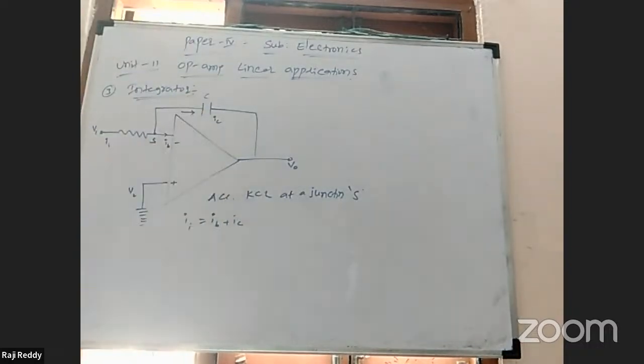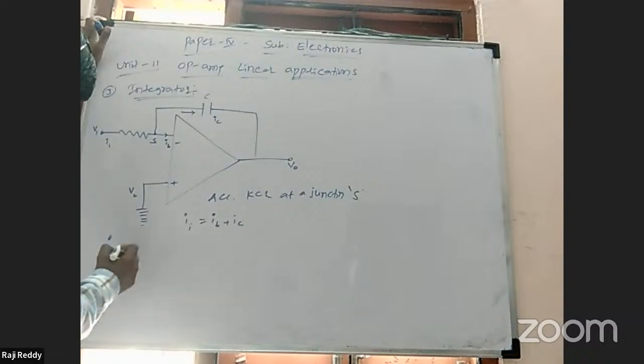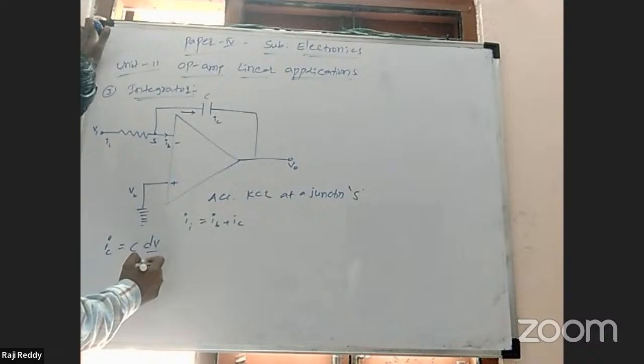First we can calculate the current through the capacitor. We know that the current through the capacitor, in the standard form, I is equal to C into dV by dt. ఇంటర్మీడియట్ అయితే ఉంటుంది. EM waves లో, ఎలక్ట్రోమాగ్నెటిక్ వేవ్స్ లో డిస్ప్లేస్మెంట్ కరెంట్ అండ్ కండెన్సర్ కరెంట్ అని వస్తుంది. IC is equal to C into dV by dt.